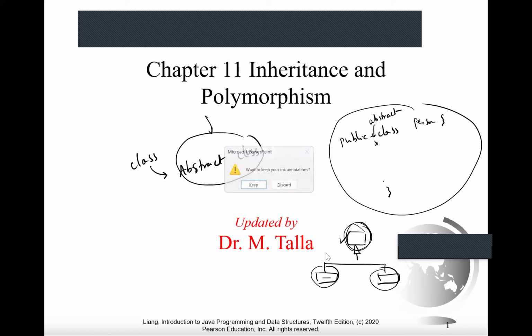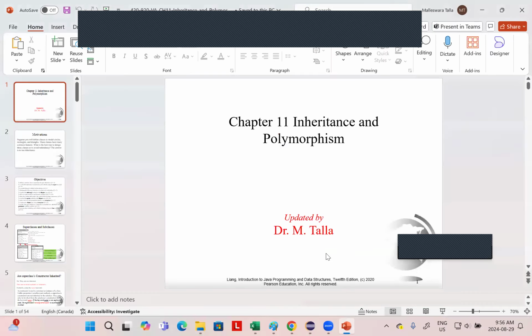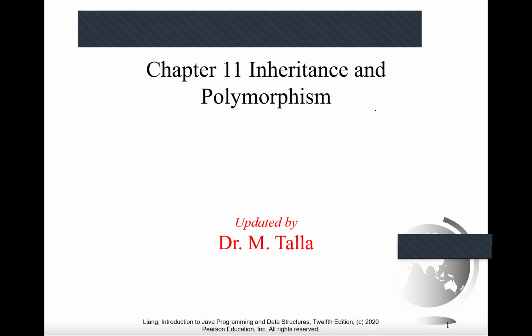Repeat again, sir. Animal, animal can be, okay, it's a hollow triangle. Inheritance is always shown with a hollow triangle in a UML diagram.